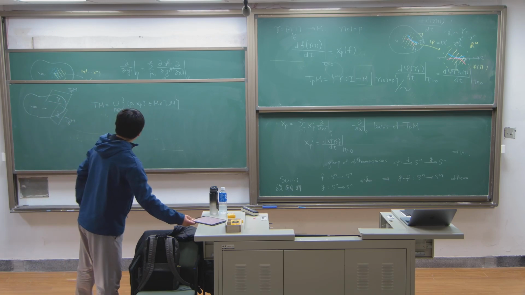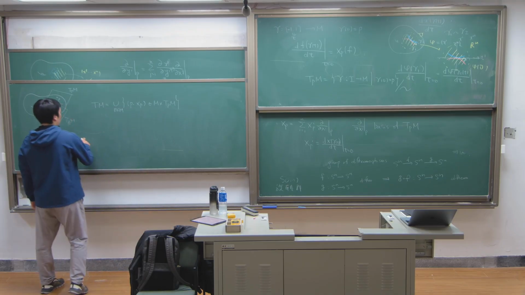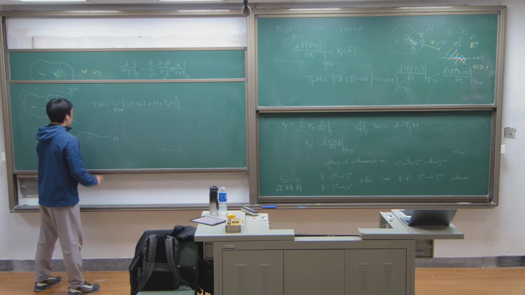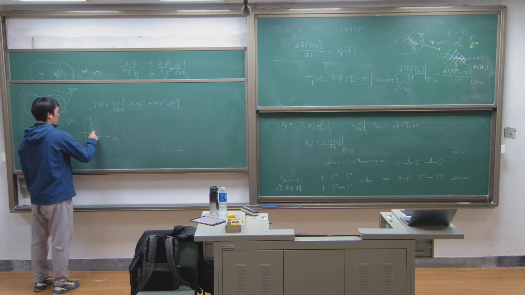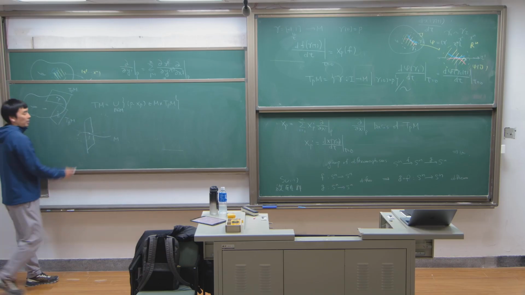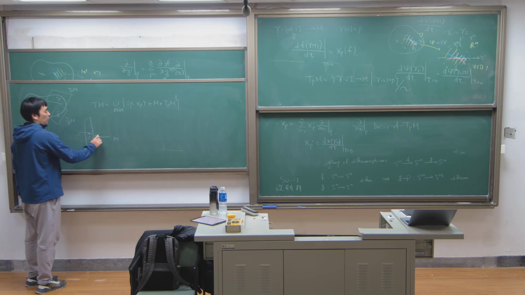So, in other words, if you have a manifold M with a point P, you have a tangent space like this way. And then you consider point Q, you have another tangent space.